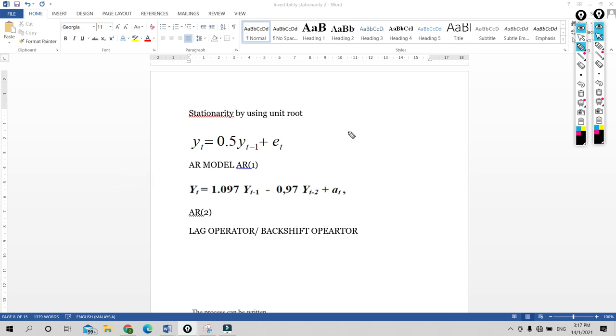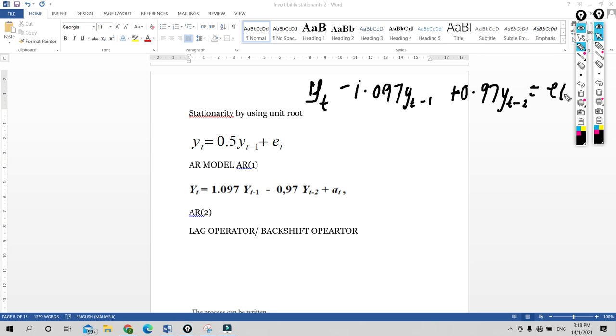Before we can solve this one, we have to change it to the lag operator form.